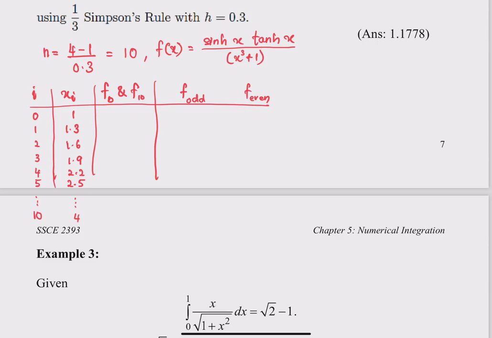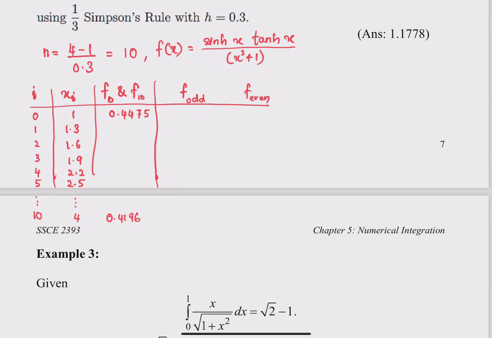And then you need to calculate your f0. Your f0 is equal to 0.4475, and for your f10, when you substitute x equal to 4 into your f(x), you will get 0.4196.